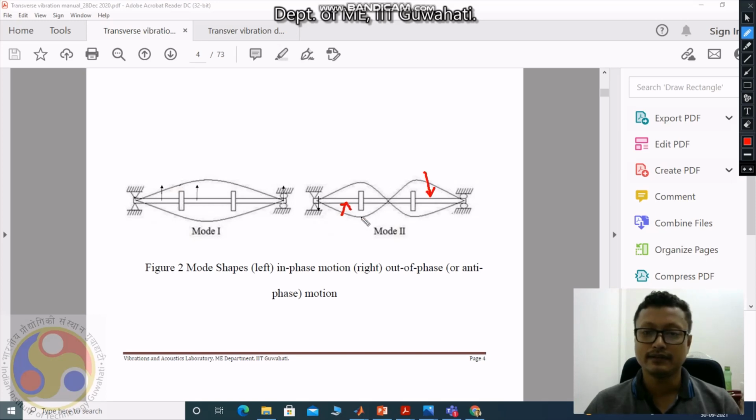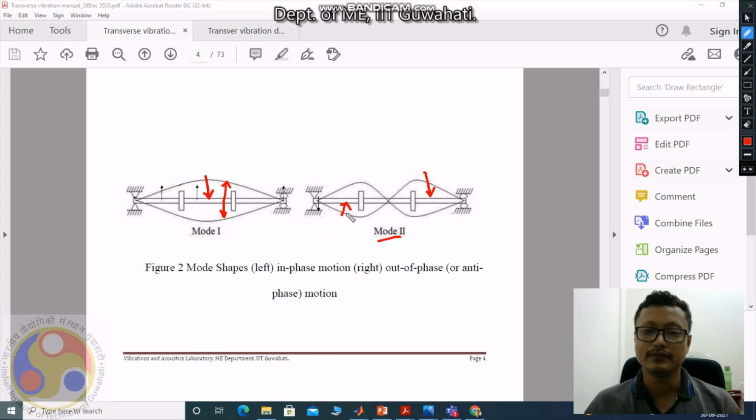The vibration mode shape you can get in the data acquisition system. This is the first mode and this is the second mode. First mode means only one strike from the top by hammer, and the beam will oscillate like this. So this is called mode 1.